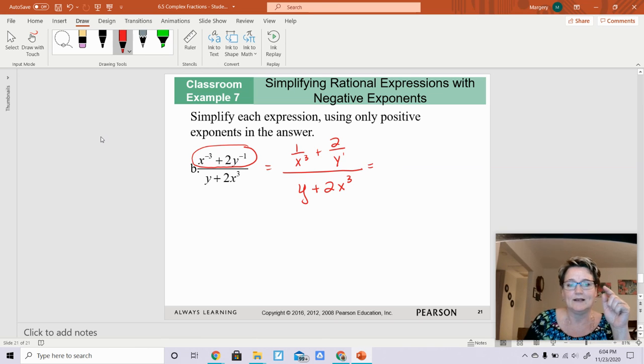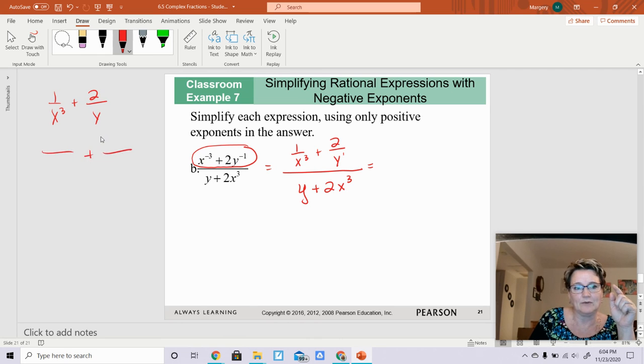All right. So I do have to combine these, give me a common denominator. The common denominator would be x cubed y. You're going to ask yourself, what's missing here is y, times this by y. You're going to ask yourself here, what's missing? X cubed, and you get 2x cubed.